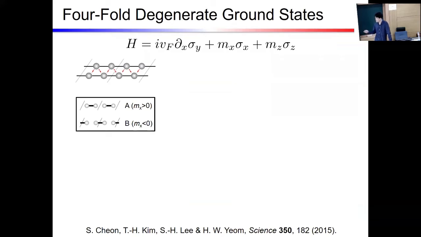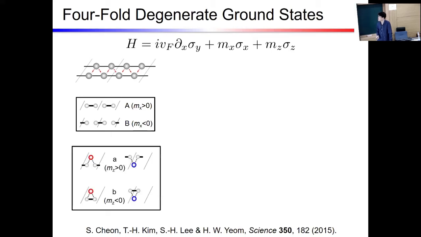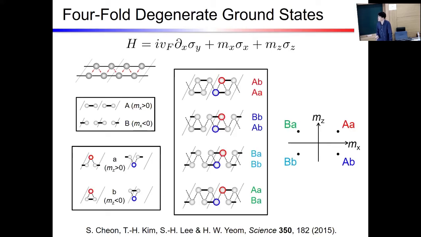So then we construct this effective massive Dirac Hamiltonian. When you solve it, we have 4 ground states, energetically identical, so degenerate 4 ground states in the order parameter space over here. So actually, like here, we defined it in this way.